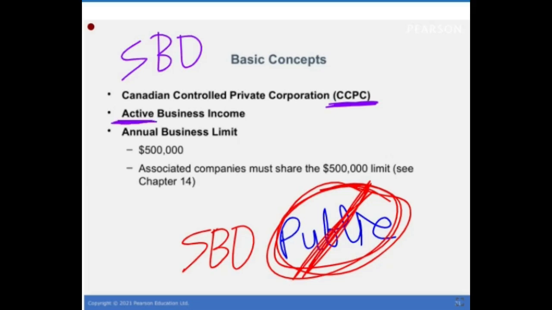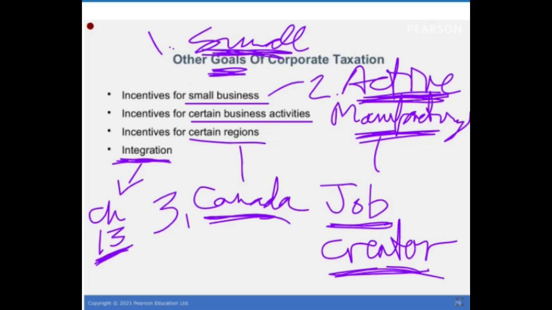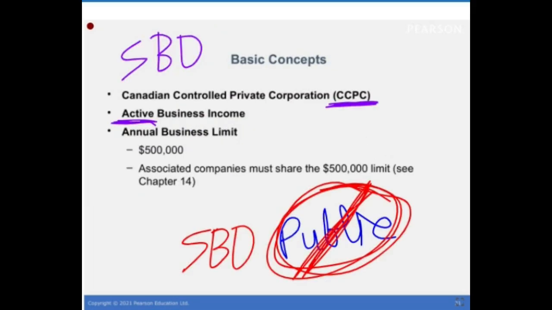This is related to active business income only. By the way, Canadian controlled private corporation: a second ago we were talking about small, active, Canadian. That's what we're trying to have incentives for. If it's Canadian controlled and it's private, that's going to cover Canadian and small.